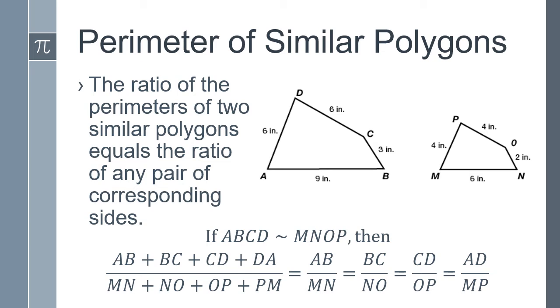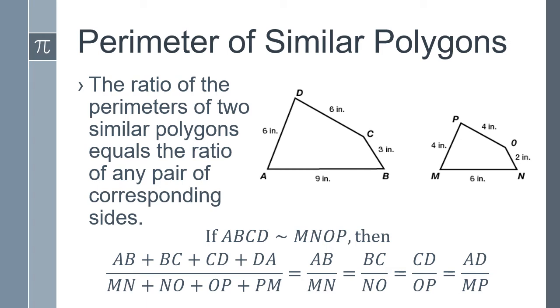All right, the perimeter of similar polygons theorem basically says the ratio of the perimeters of similar polygons equals the ratio of any pair of corresponding sides, or the scale factor. So if ABCD is similar to MNOP, then the perimeter of ABCD over the perimeter of MNOP is the same as the scale factor.